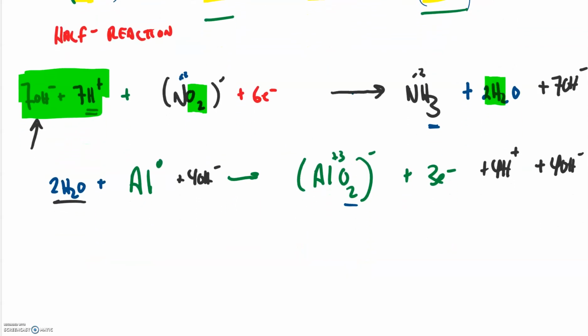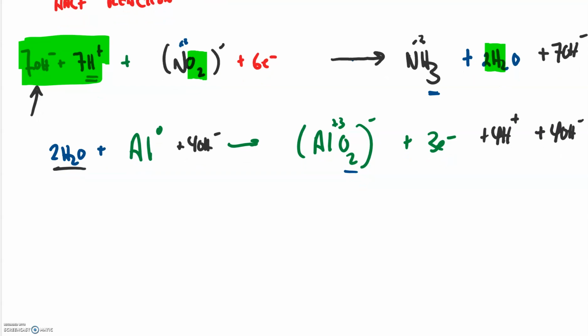Now this is where things start to get complicated, because we have 6 electrons here and only 3 here. So what we want to do is compensate for charge. We're going to do that by multiplying this entire equation by 2. So let's do that.